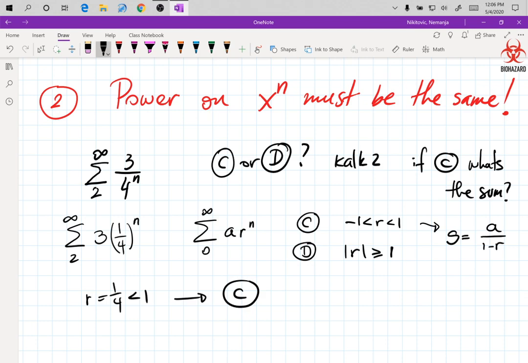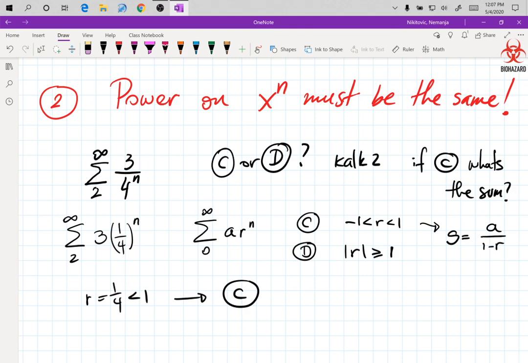So the 3 jumps down because the exponent is only on the 4. Then the 1 stays up because 3 jumped out. And you just have 1 over 4 to the n. And your r is 1 over 4, and that's less than 1, and that converges. So that should take less than 5 seconds, just how long it takes you to write this.